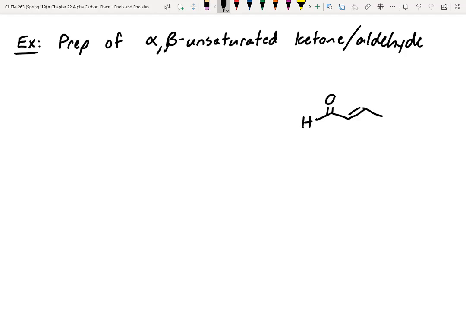What starting materials must we need? Aldol. So we've got alpha and beta right here. Like I've been trying to drill into everybody's head, this is the bond that must have been formed, right? So if we break this apart, we know that this must have been one starting material. Okay, so we've got that as one starting material.